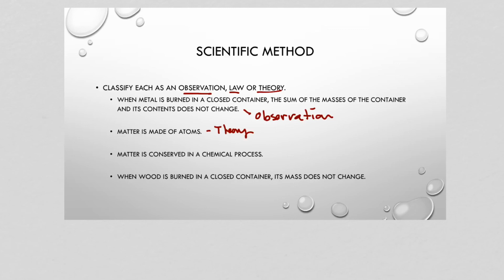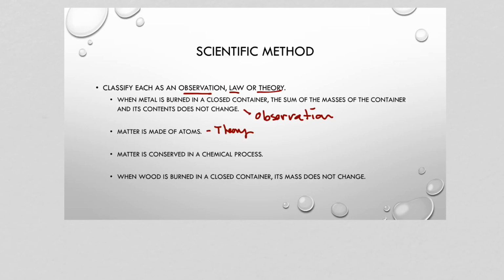This is not an observation. We can't directly observe this. And it's not a law. It's not a statement of a repeated observation, right? It's an explanation for something. It's a theory.